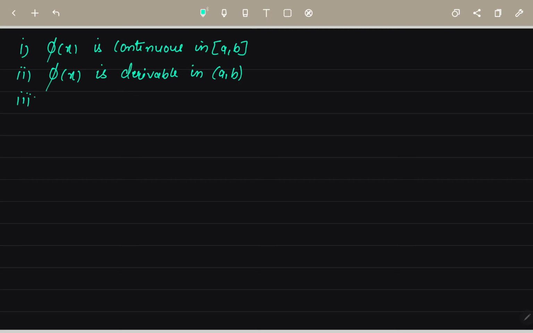Also, the third condition is that the value of the function at a is equal to the value of the function at b. So phi satisfies all the conditions of Rolle's theorem. So I will write phi of x satisfies all the conditions of Rolle's theorem. So then what happens?